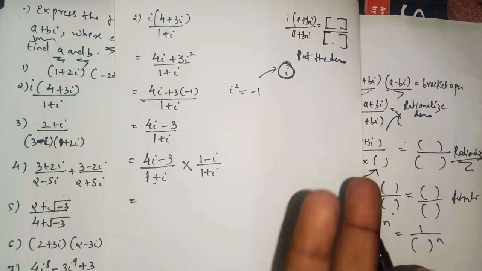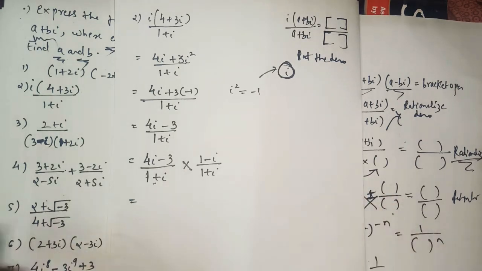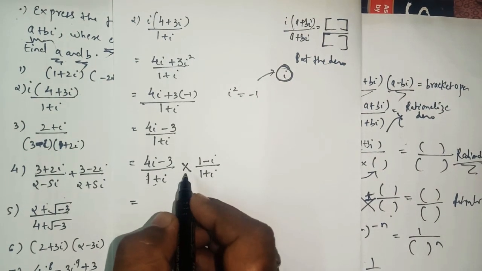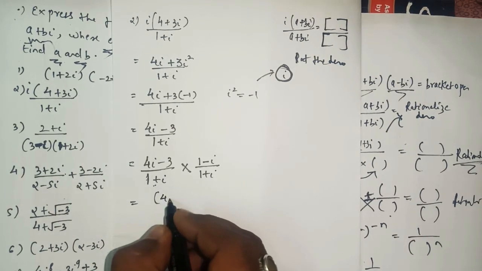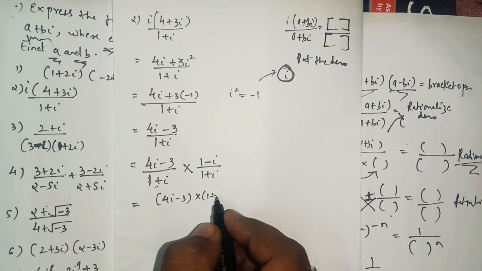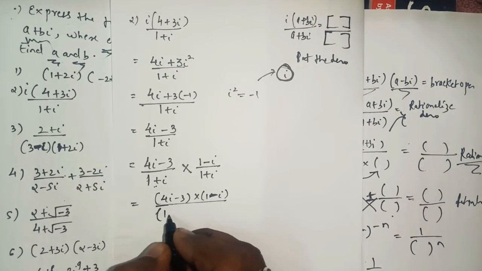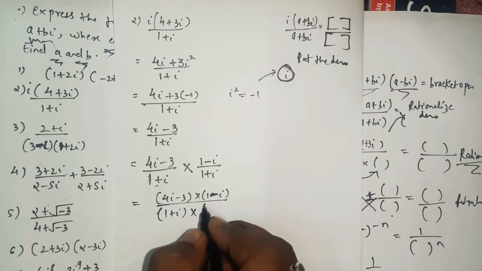Okay, what is rationalizing, how to open brackets, how to expand, how to multiply, each and everything you had studied in your lower standard. As here the connection is multiplication, we have to multiply the numerator part as well as the denominator part.